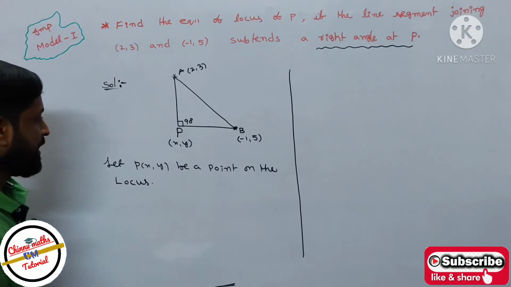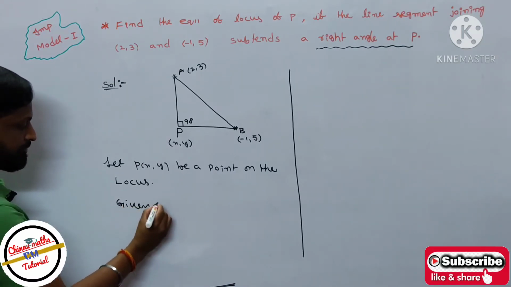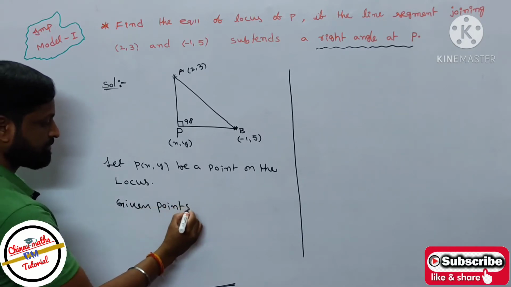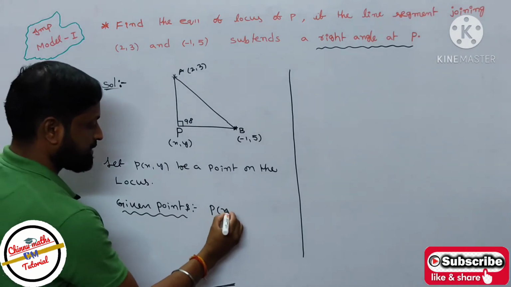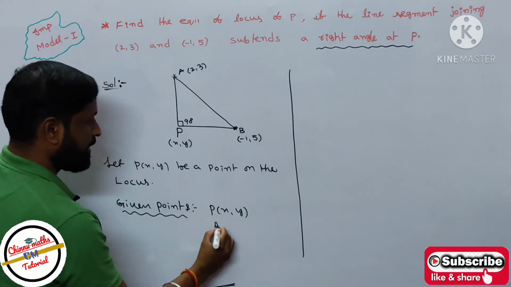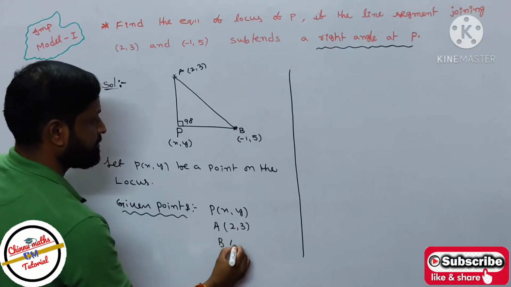Clear. Next, given points. What are the given points? Given points are P(x, y), A(2, 3) and B(-1, 5).